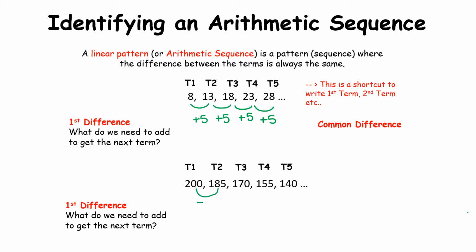Well, I can talk about this as adding a minus 15. Same here, I add a minus 15, I add a minus 15, and I add a minus 15. And again, we have a common first difference. So this is an arithmetic sequence, or we can call it a linear sequence.